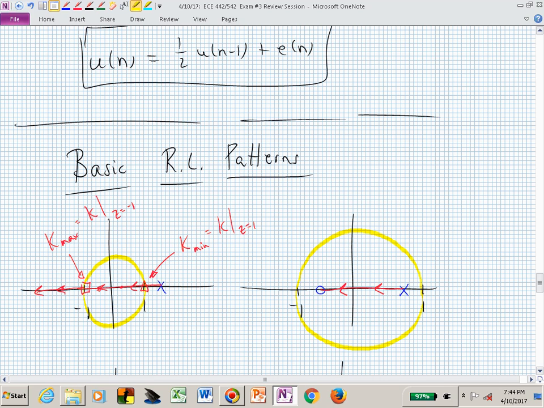How many closed loop poles do I have? 1. So here, if I said, what's the range of K for stability, you would say from 0 to infinity for K. All based on a quick sketch of the root locus for that pole zero pattern.